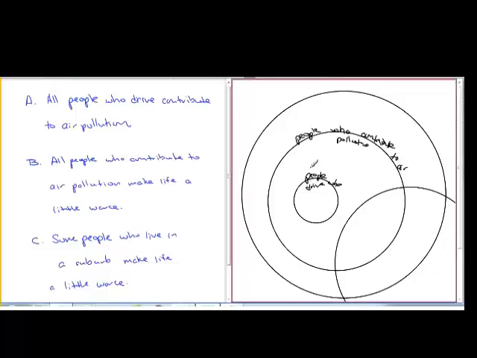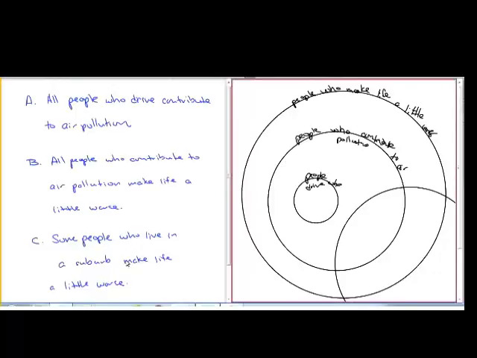All people who drive are people who contribute to air pollution. Then the next one says all people who contribute to air pollution make life a little worse. That's what the second statement allows you to do. All people who drive are people who contribute to air pollution, and all people who contribute to air pollution are people who make life a little worse.